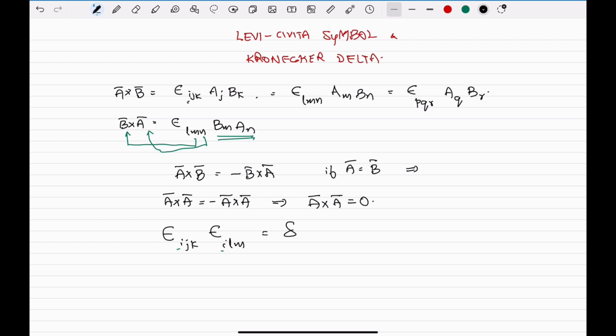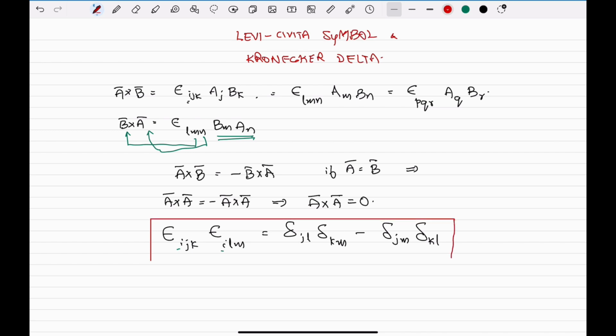delta jl delta km minus delta jm into delta kl. We can use lmn, pqr, ijk, whatever you want to use. This is another relation. You have to follow the sequence.